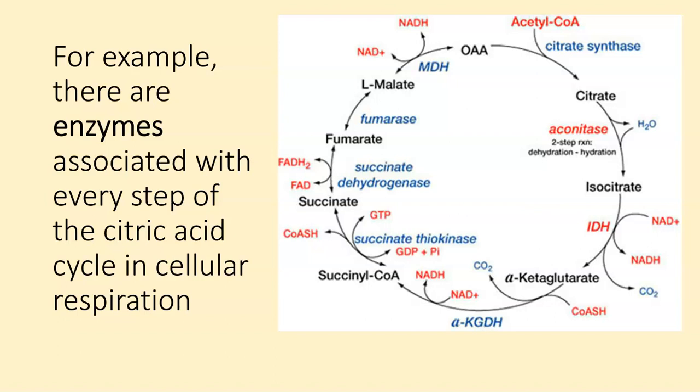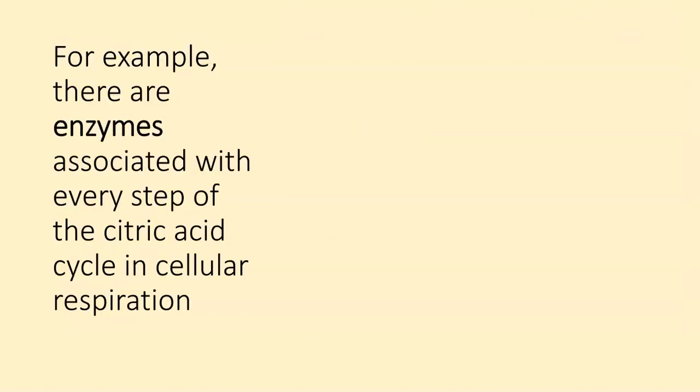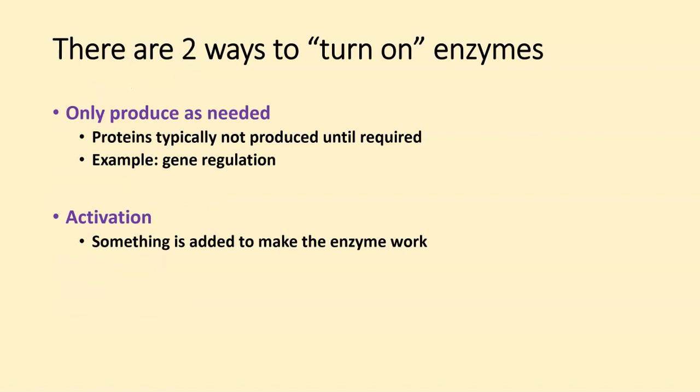Now, in this cycle, some of these enzymes are not always available. They might need to be produced by the cell as needed, or they need to be turned on, to be activated. So this brings us to the two ways that enzymes can be turned on or made available in a chemical reaction. One way is that they're only produced as needed.